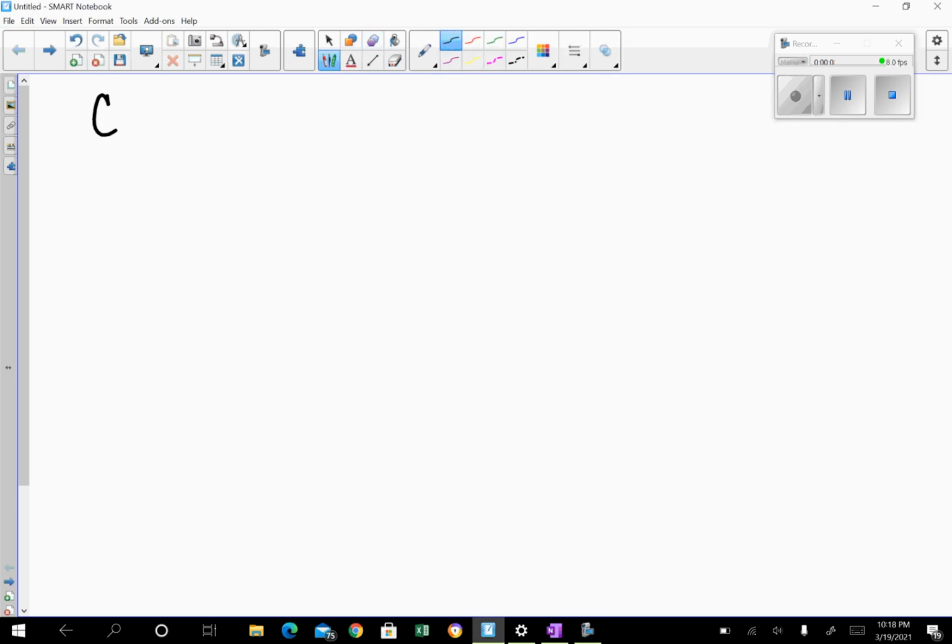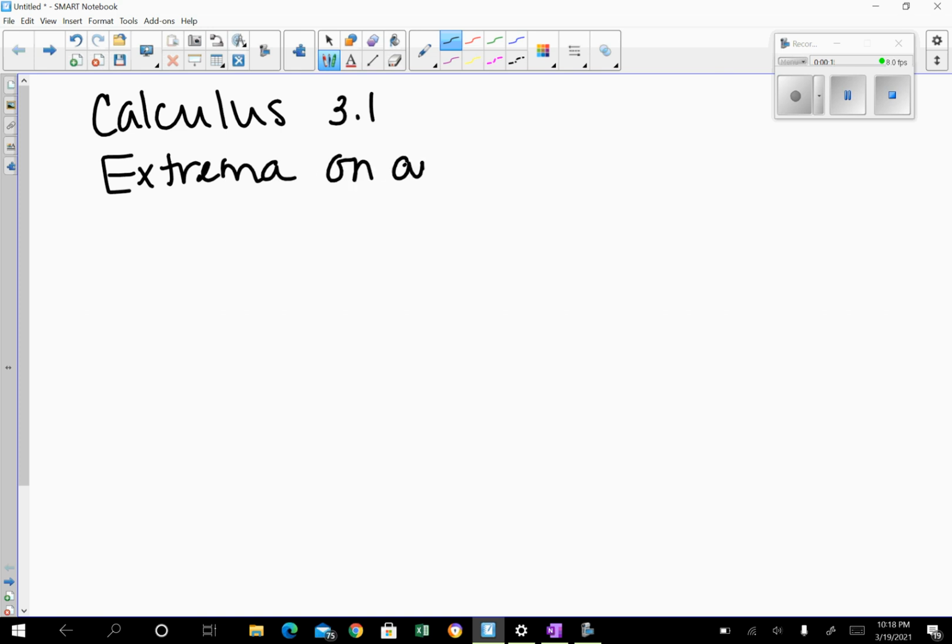So this is calculus, and we're looking at section 3.1, extrema on an interval. So we can look at some function.